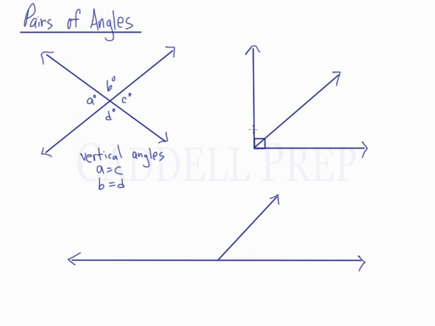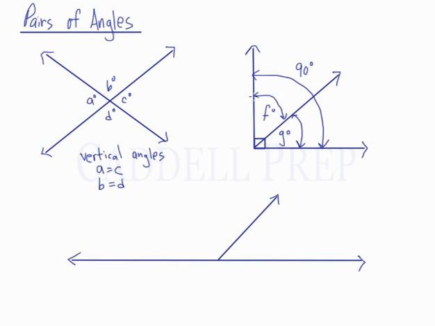In this diagram, we have a right angle, which we know is 90 degrees, and there's a ray sticking out from this right angle, and this ray splits this up into two smaller angles. So let's say this is F degrees, and this is G degrees. But because this is a right angle, this entire measurement has to be 90 degrees.